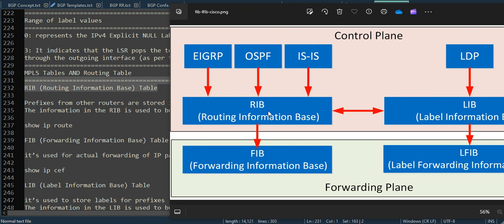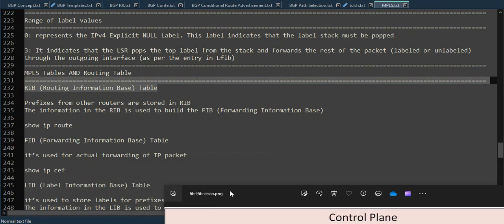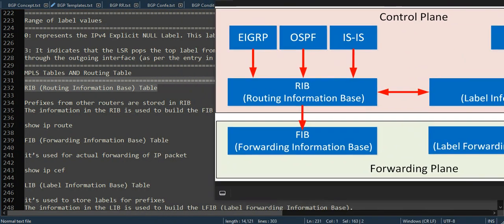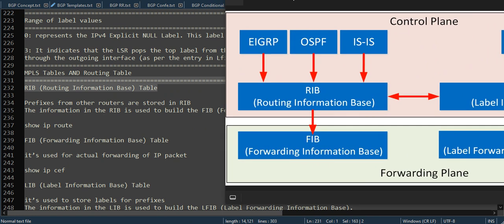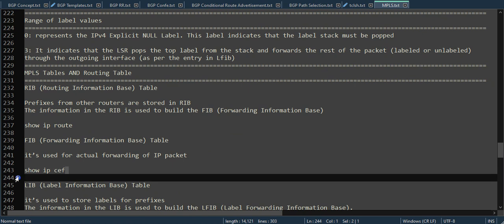This is our RIB, and this information is used to build the FIB table. The FIB is used for actual forwarding of our IP packets, and we can see this table by the show ip cef command.